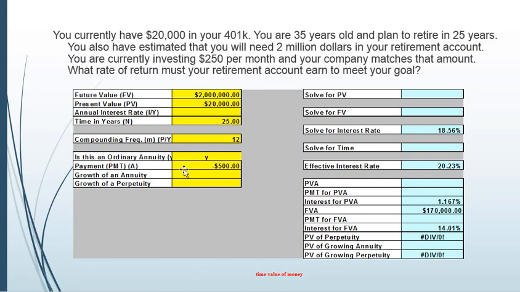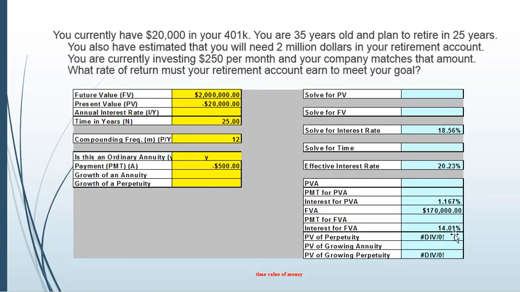So when you plug the numbers in, the payment that you're making is actually $500 a month. We leave the interest rate blank here, and that then solves for this value down below. That in order to get this $2 million with only a $500 a month investment, you have to earn 14.1%.